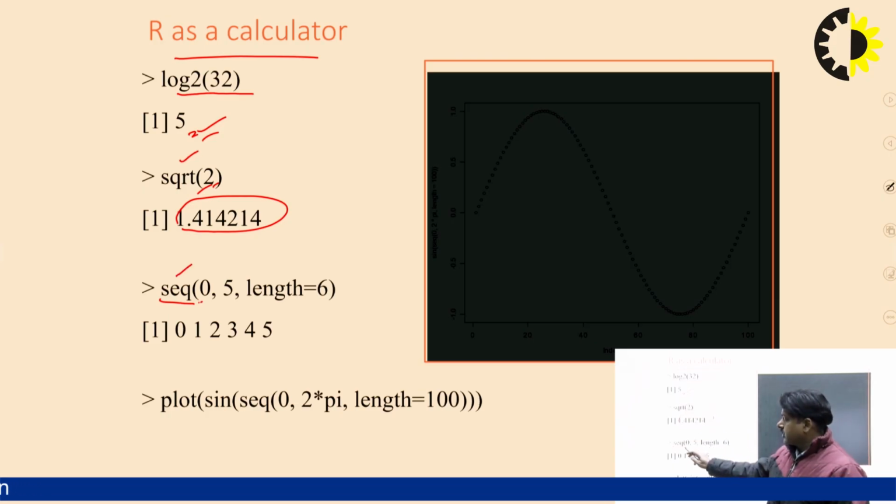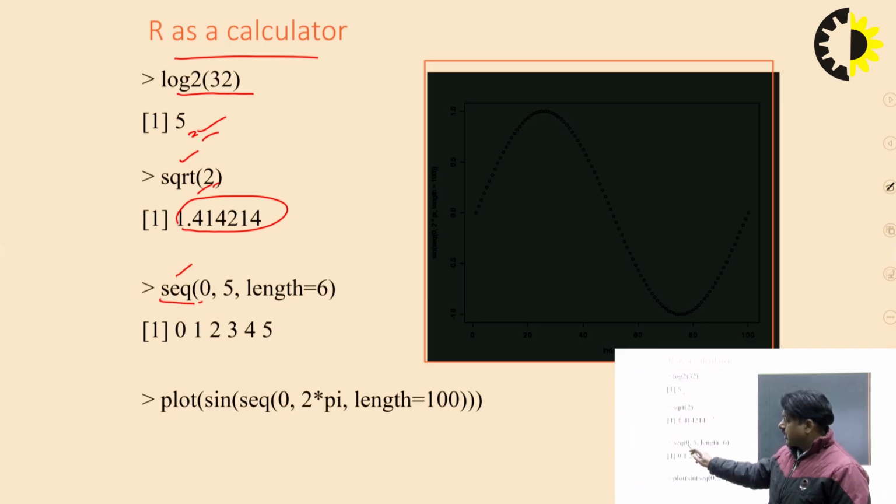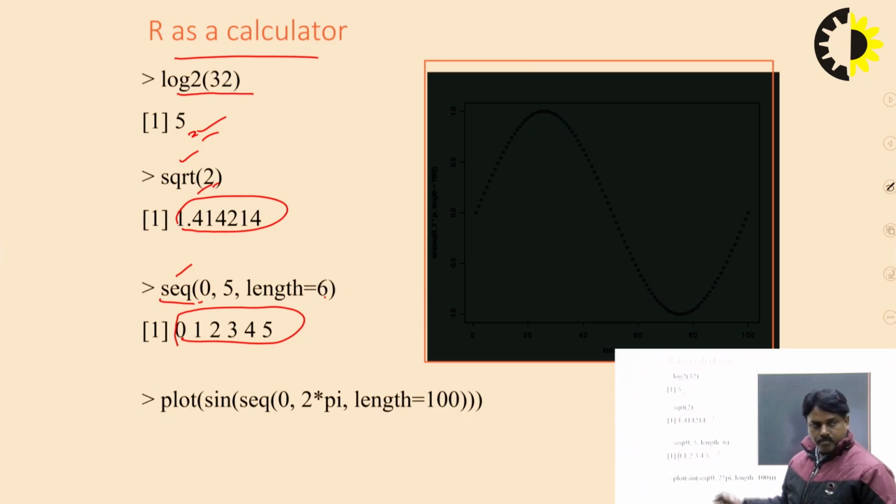This sequence gives starting from 0 to 5 and length equal to 6, meaning in an array these 6 values can be represented here, indexed at 1: 0, 1, 2, 3, 4, 5, a sequence of numbers represented with the help of the sequence method.